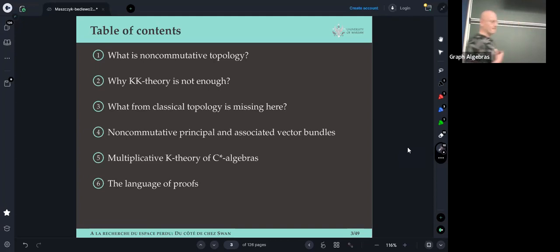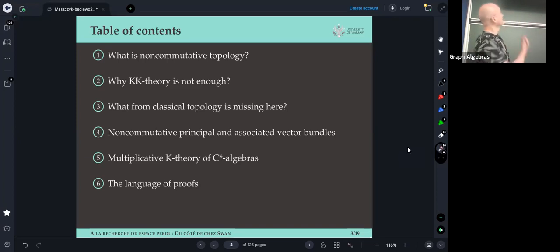Then I will show that using them, we can recreate some analog of the multiplicative K theory for non-commutative algebras. And finally, I will show an even more abstract generalization of the methods used to achieve this, in terms of some categories.